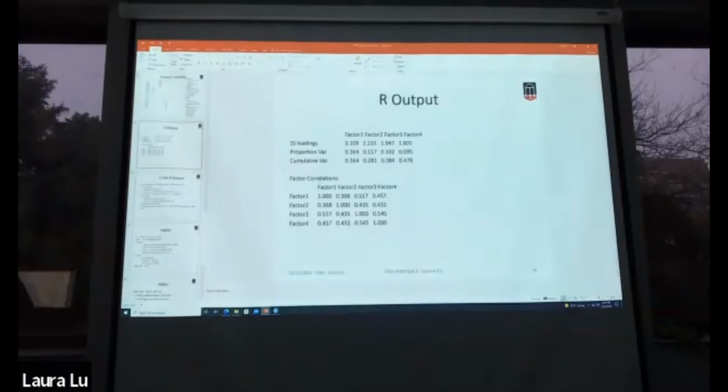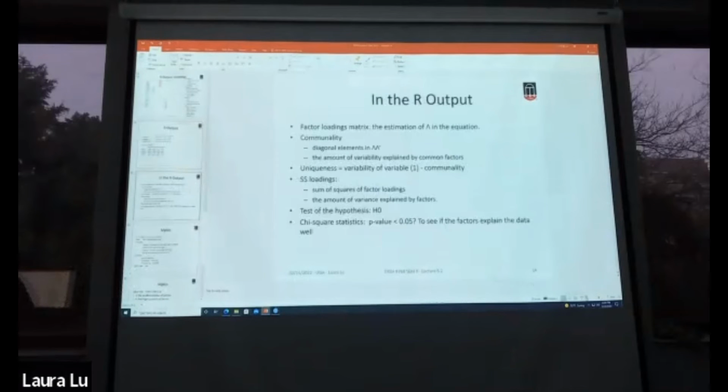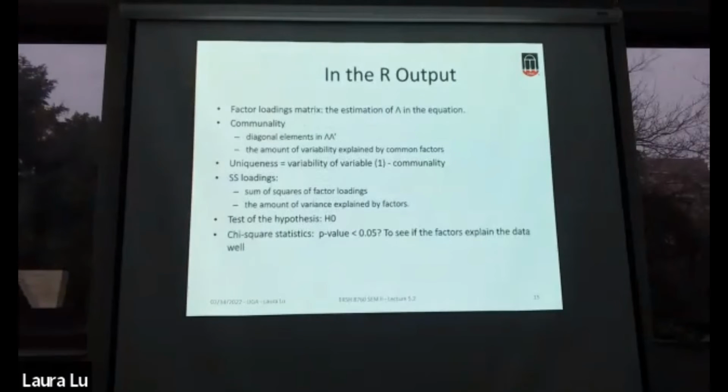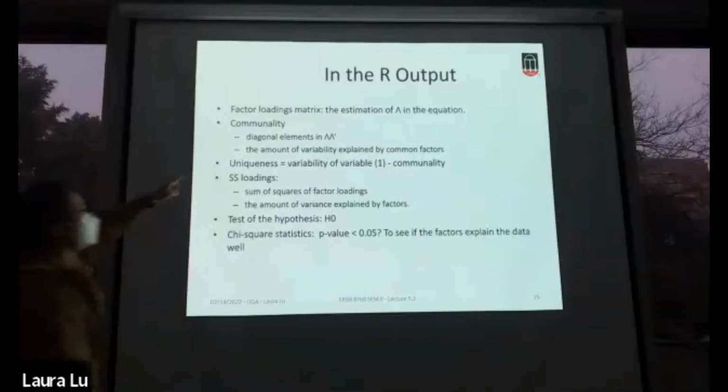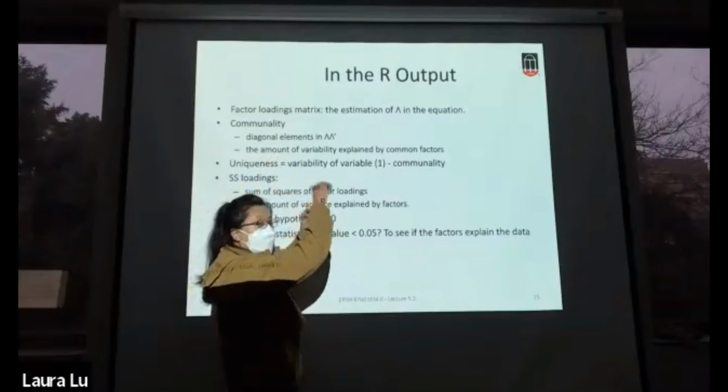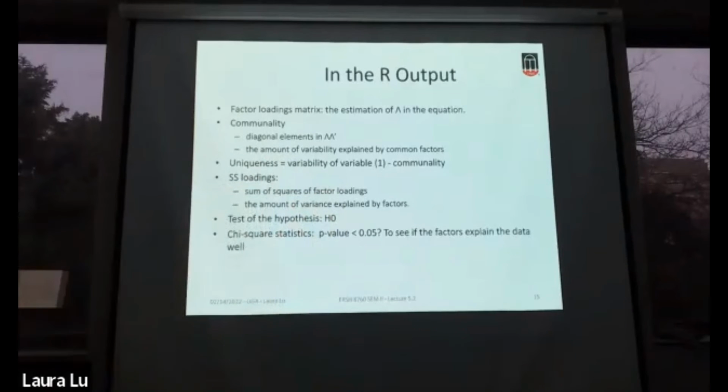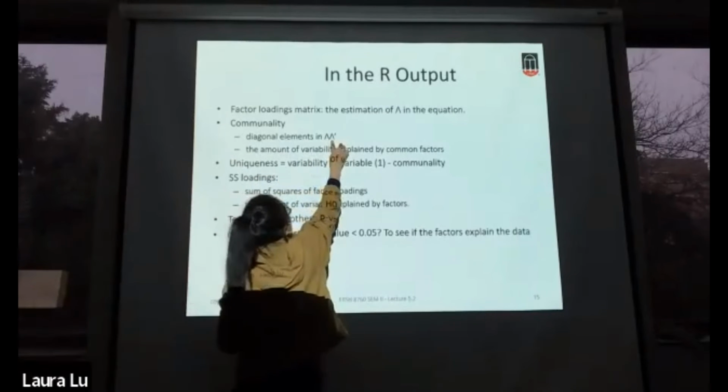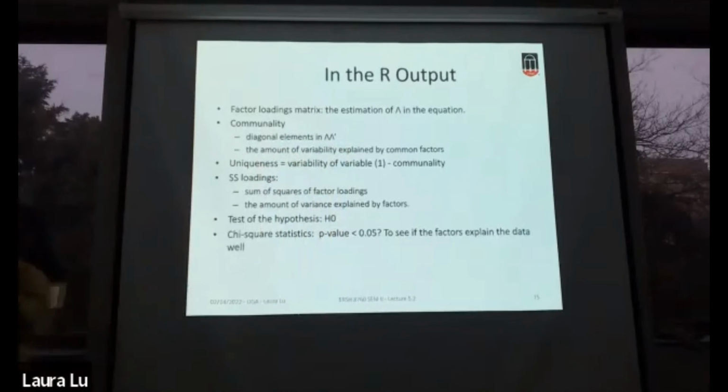So this is for oblique rotation. This is the notation or explanation of the R code. We have the factor loading matrix, the lambda matrix, and we have communality. Remember when we calculated communality: lambda times the transpose of lambda, and the diagonal elements are just our communalities.